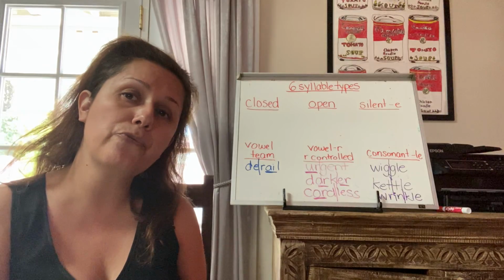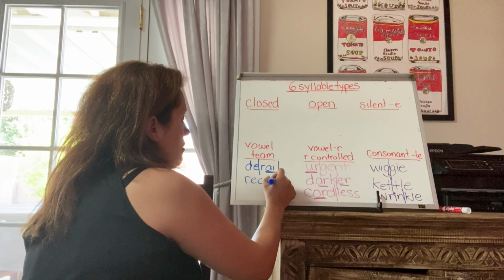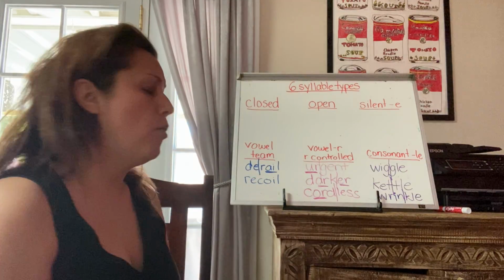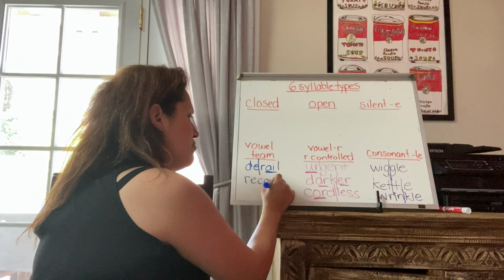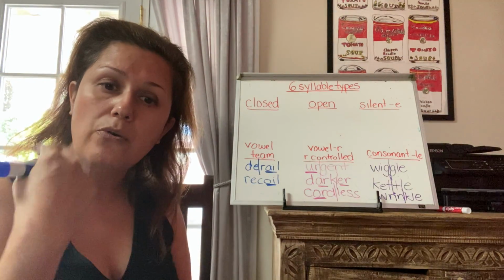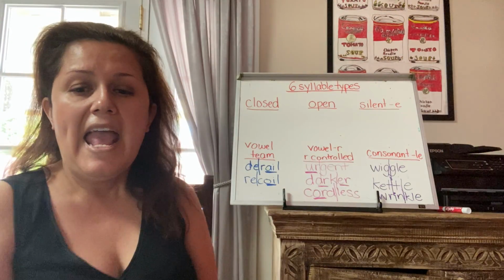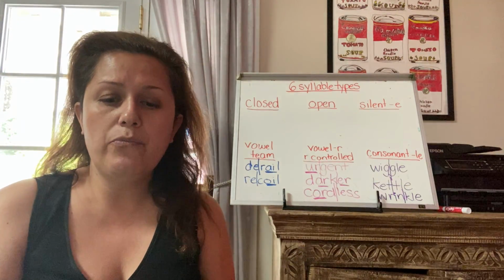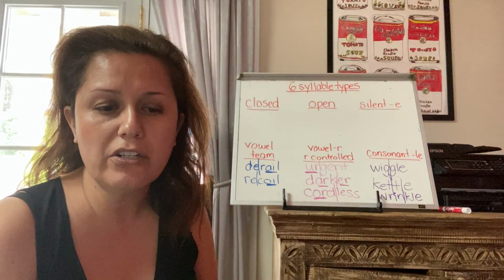If I have the word recoil, recoil, my vowel team is the OI, because there's 2 vowels right there, O and I, making a team. Now they make an oi sound. Recoil. And let me find a good one for you guys.